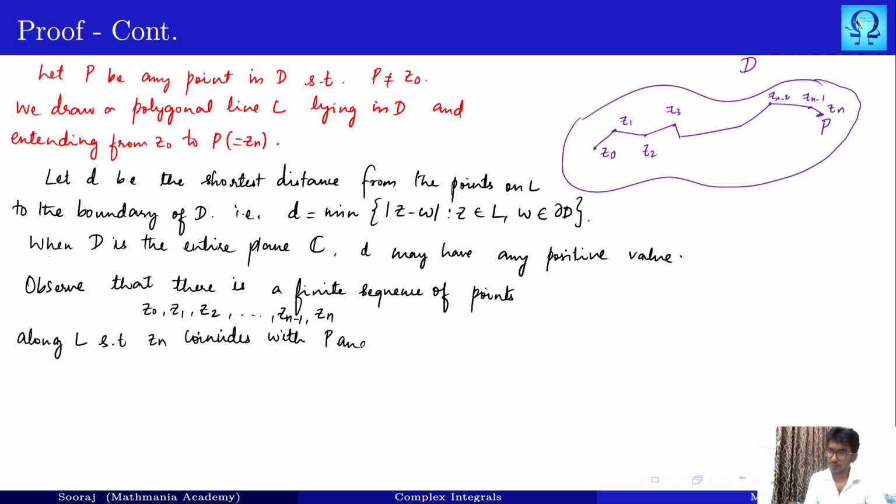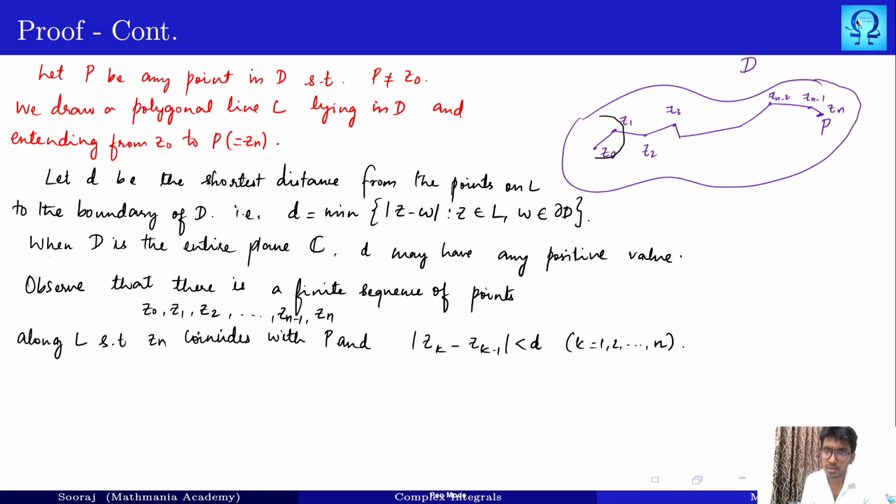And we have the absolute value of zk minus zk minus 1 is smaller than d for k running from 1 to n. Now when we form these things, we can take a neighborhood of the z naught.